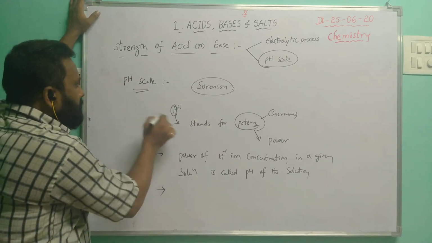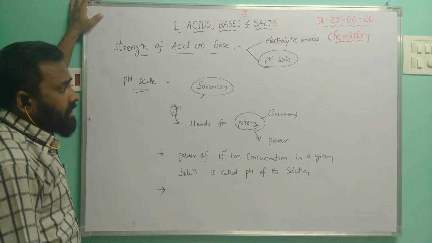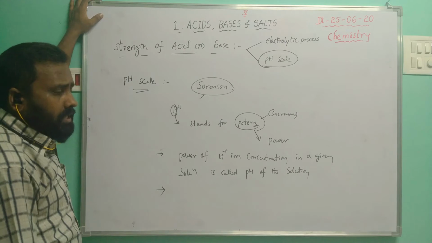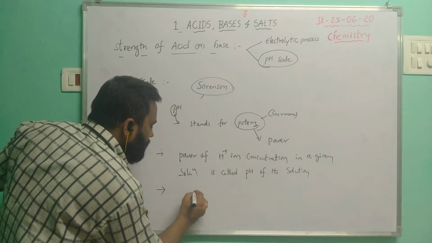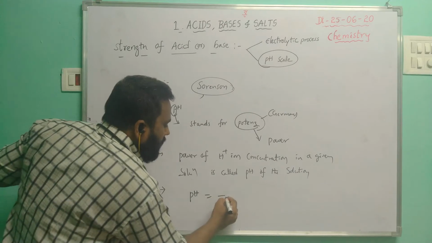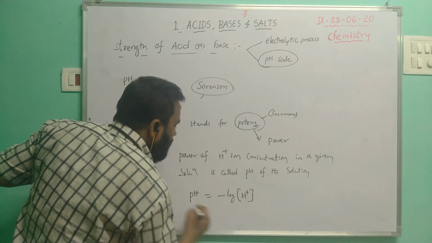According to Sorensen, pH is the negative logarithm of the H+ ion concentration.